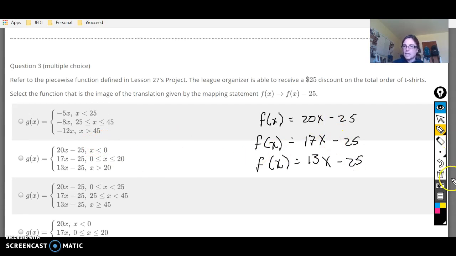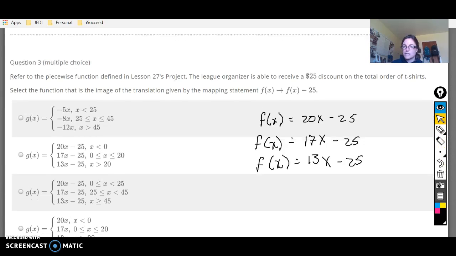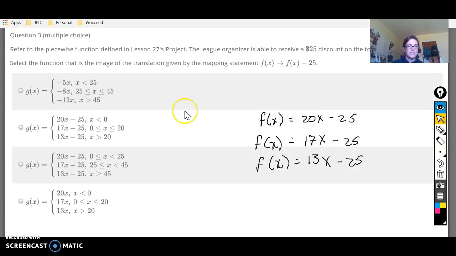So I can eliminate at least a couple answers here. I can eliminate this answer because I'm not subtracting 25, and I can eliminate this answer because I'm not subtracting 5. Now I just need to pick the right range. The number of t-shirts that we're getting each of these prices for isn't going to change at all.